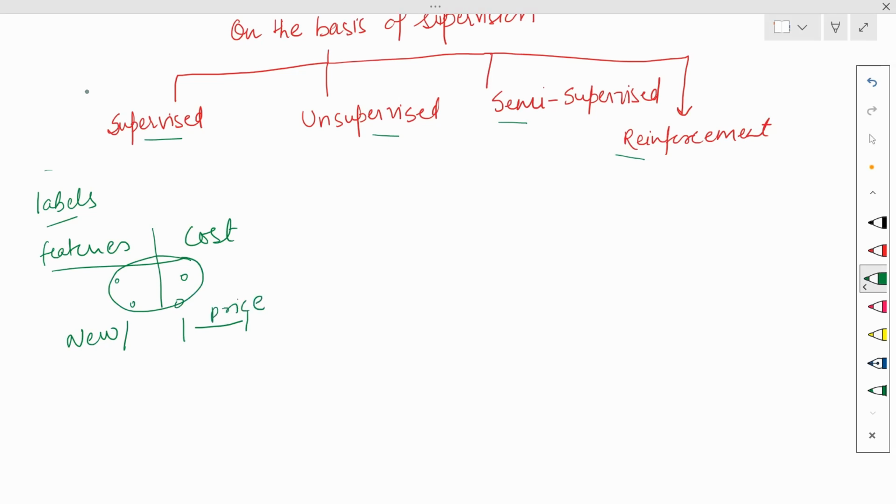There can be another category, for example, where the output is categorized into classes. For example, if we want to predict whether a particular transaction is a fraud or not, we can have multiple features where the attributes of that transaction are given.